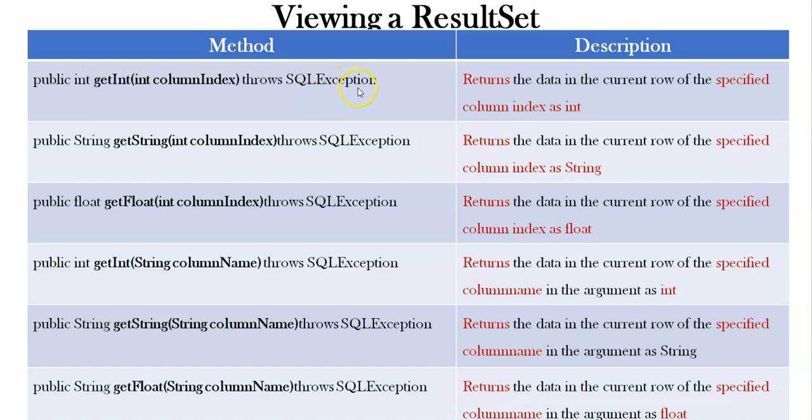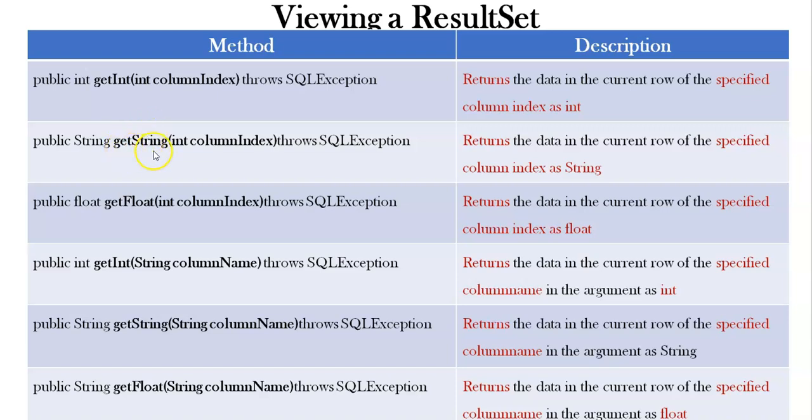Next is a set of methods that is used for viewing a result set: getInt, getString and getFloat. The getInt, getString and getFloat methods can take two types of arguments. getInt can take the column index as well as the column name as argument.